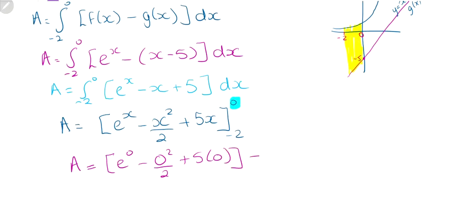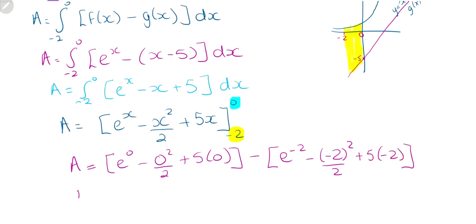And then we're going to subtract the second, for which we're going to use -2. So it's going to be e^-2 - (-2) squared divided by 2 plus 5 multiplied by -2.